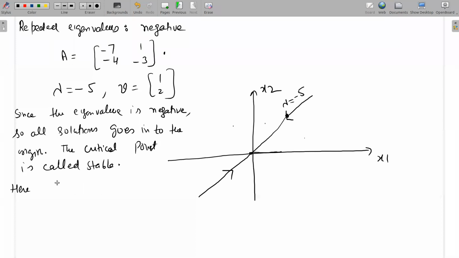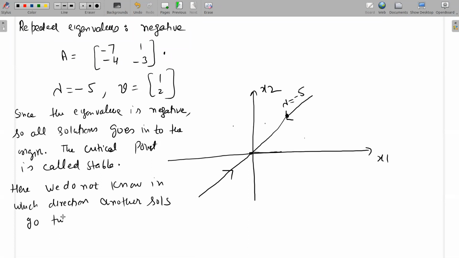So here we don't know in which direction the solution goes, towards the origin or another way.